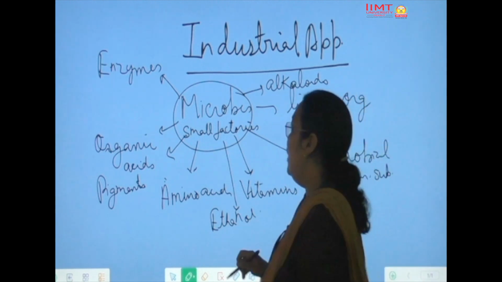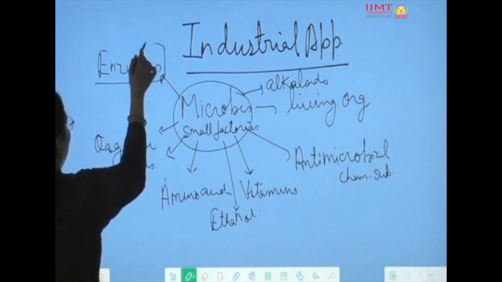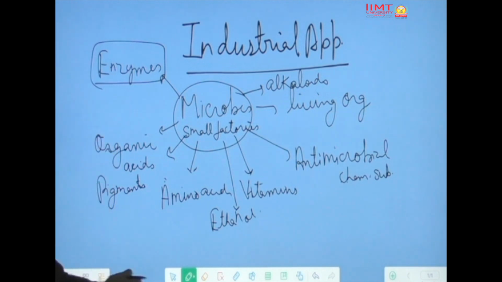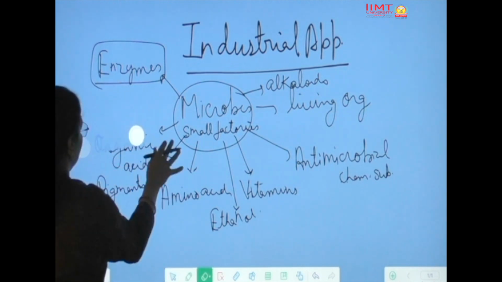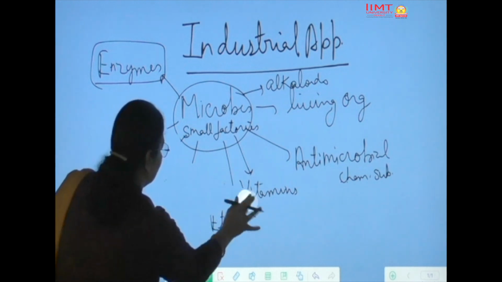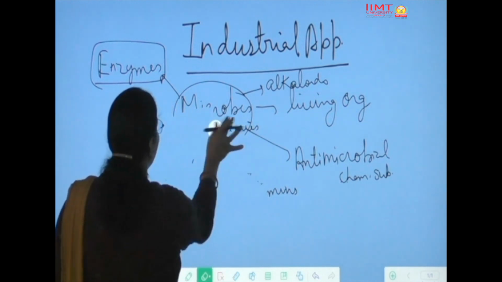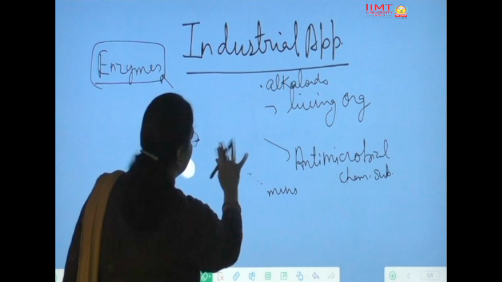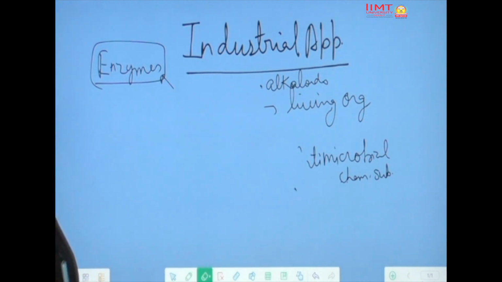Like if we talk about enzymes, there is a plethora of enzymes. If we talk about only the enzymes produced by microorganisms, there is a diversity of enzymes secreted by bacteria and fungi.